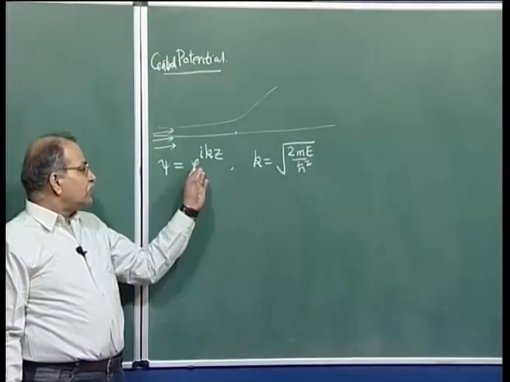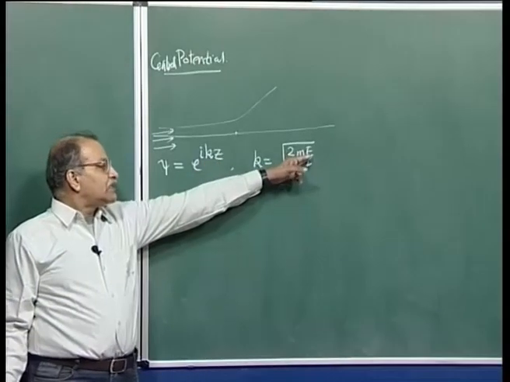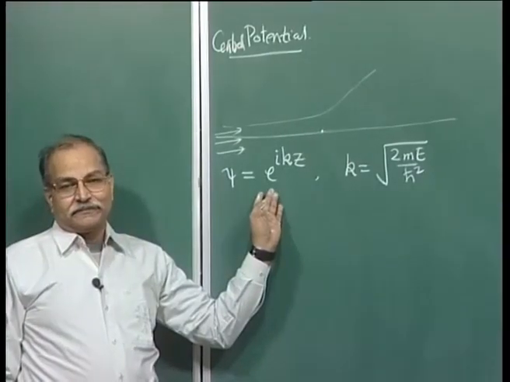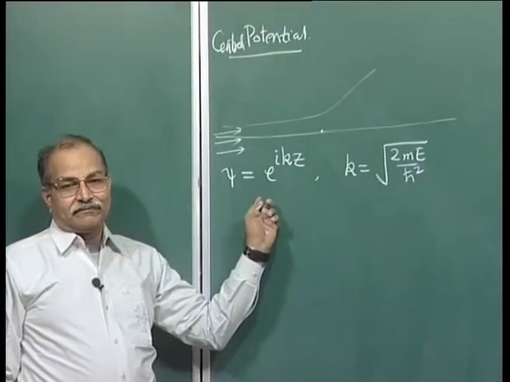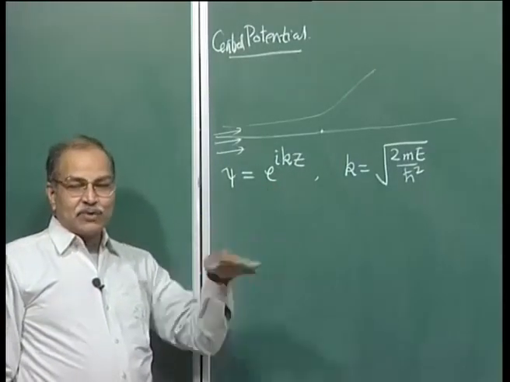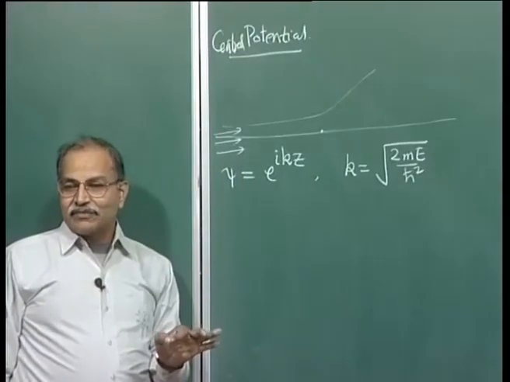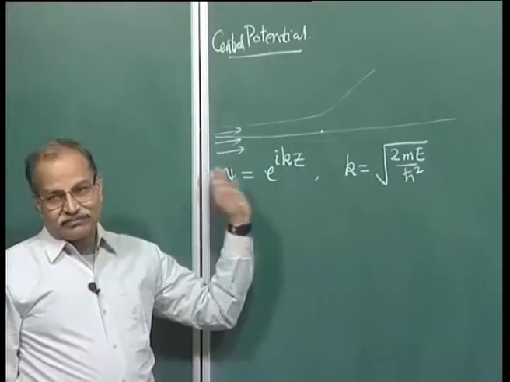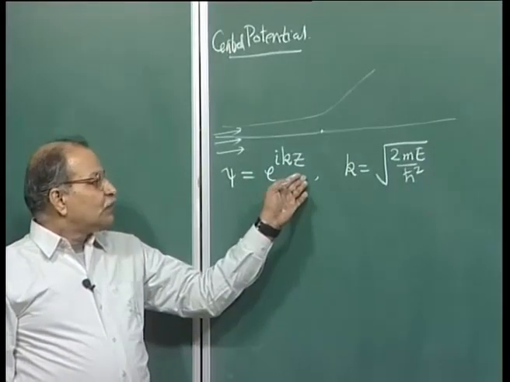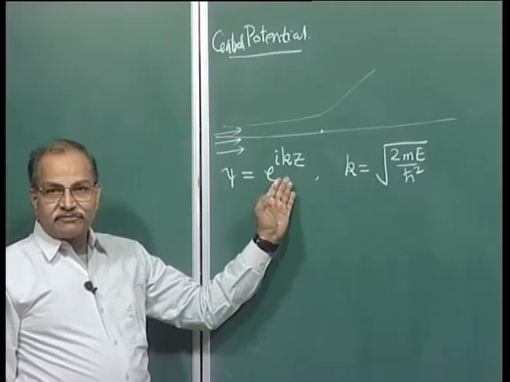A free particle going in the z direction with an energy capital E is represented by this wave function. You can write the Hamiltonian, H psi equal to E psi, no potential energy term, only the kinetic energy term, and from there you can work out.